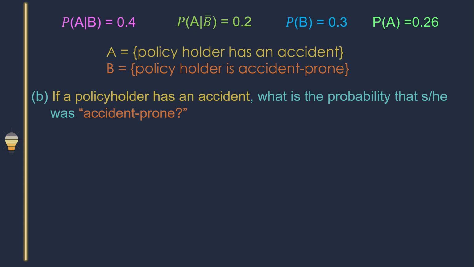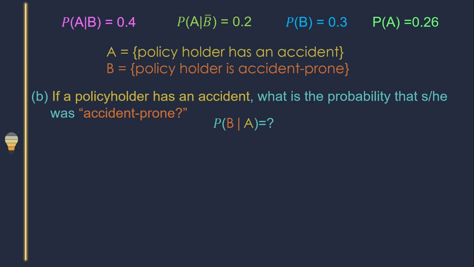That means probability of B, right? But there is a condition. What is the condition? If a policyholder has an accident. Therefore, we can write probability of B given A is the probability they are asking.